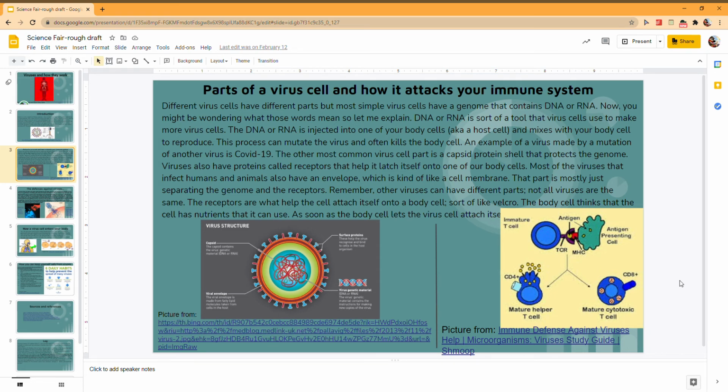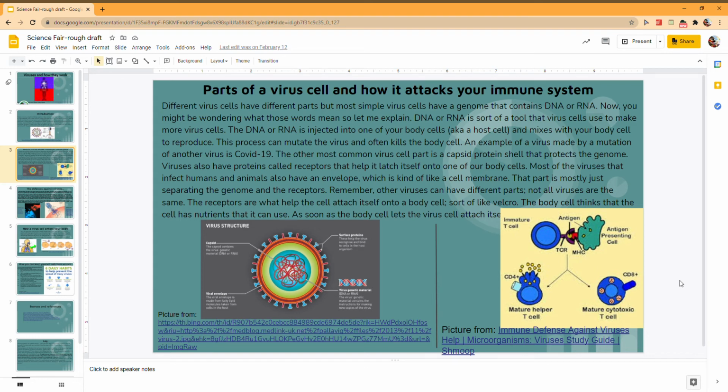The other most common virus cell part is a capsid protein shell that protects the genome. Viruses also have proteins called receptors that help it latch itself onto one of our body cells.